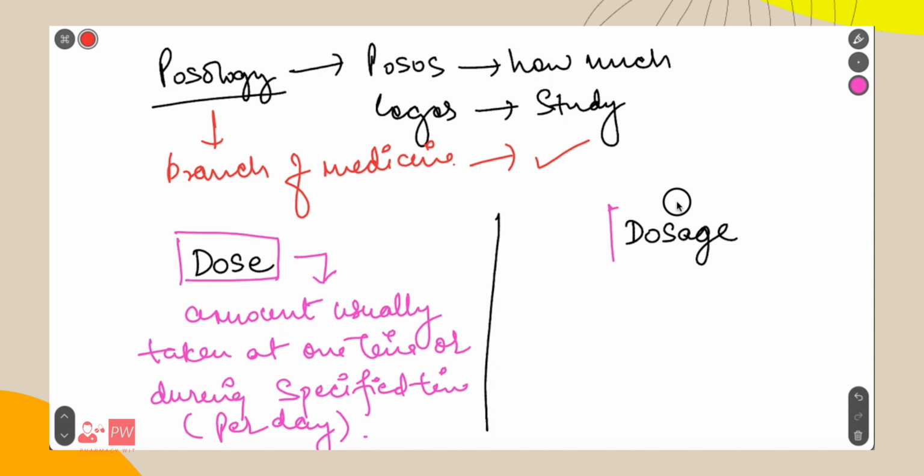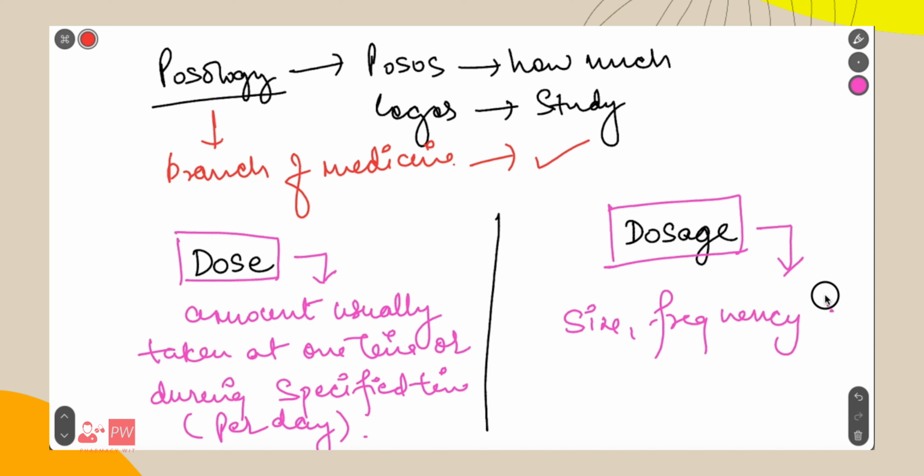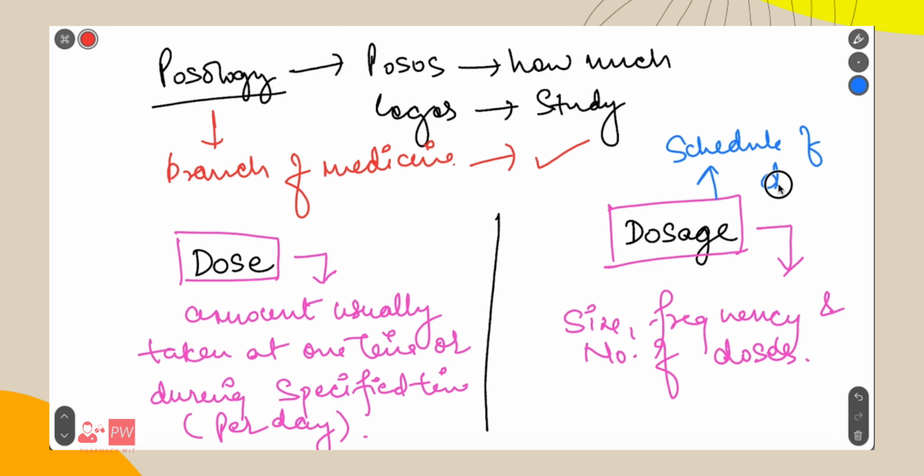And dosage refers to the determination and regulation of the size, frequency, and the number of doses. Dosage refers to the entire regimen or schedule of doses.